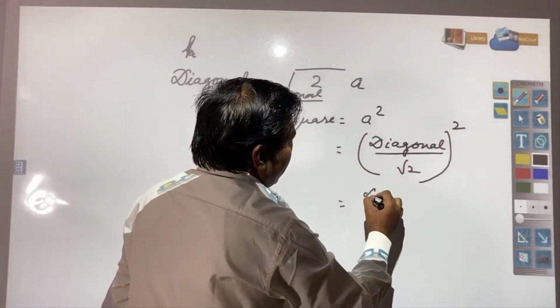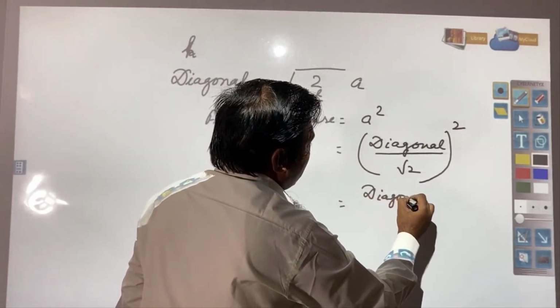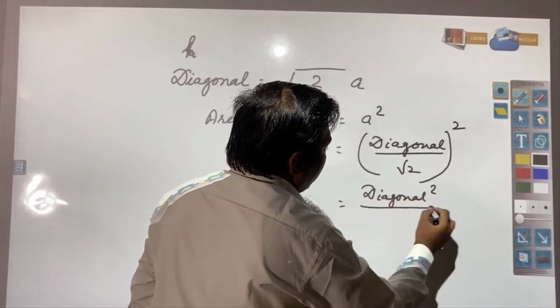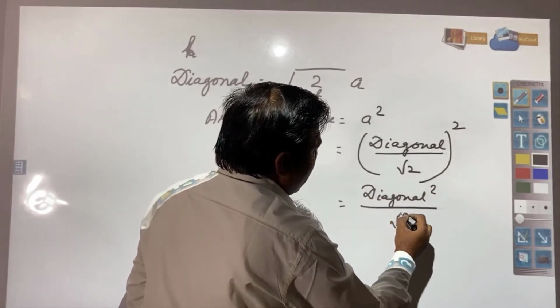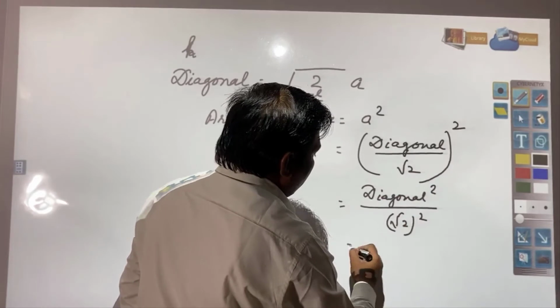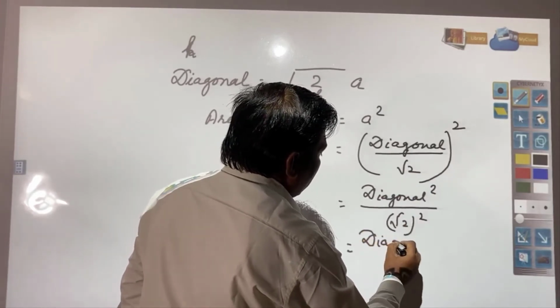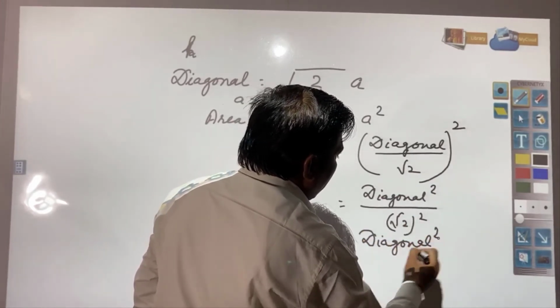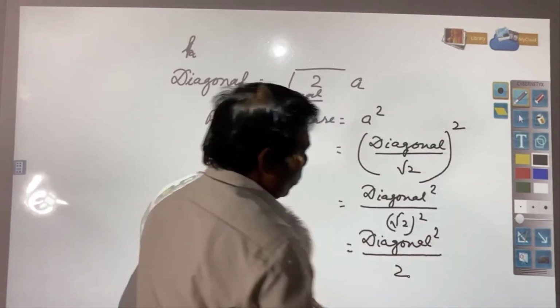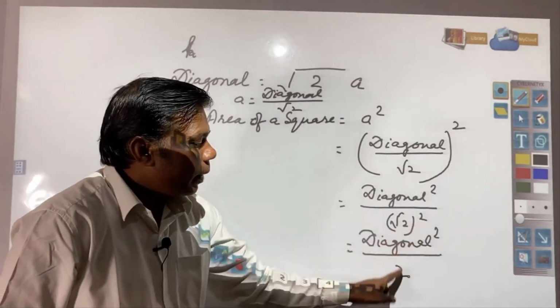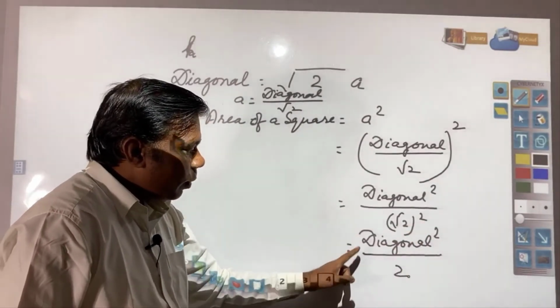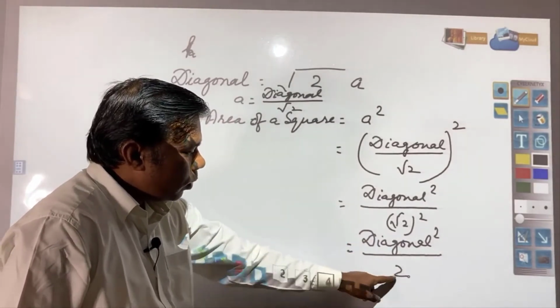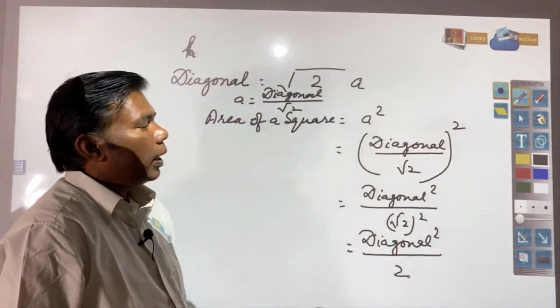If you simplify, you get diagonal square divided by root 2 square, so this will be diagonal square by 2. Diagonal square by 2 means 1 by 2 into diagonal square.